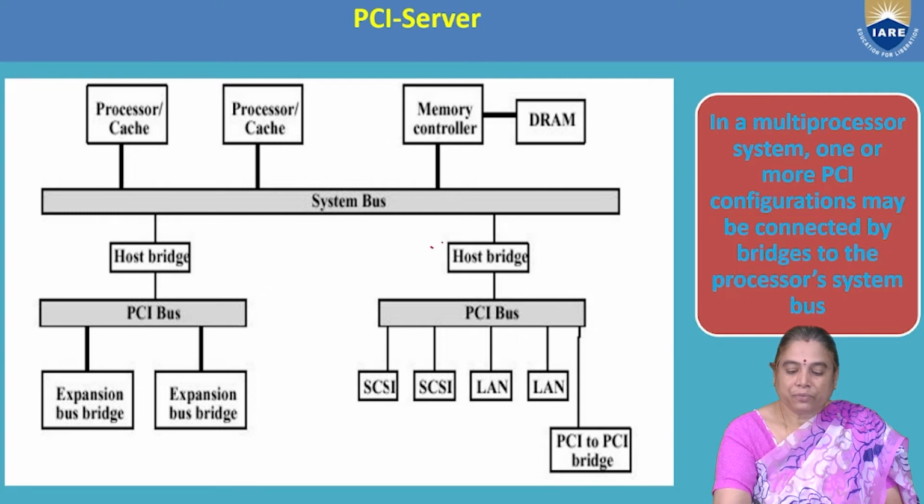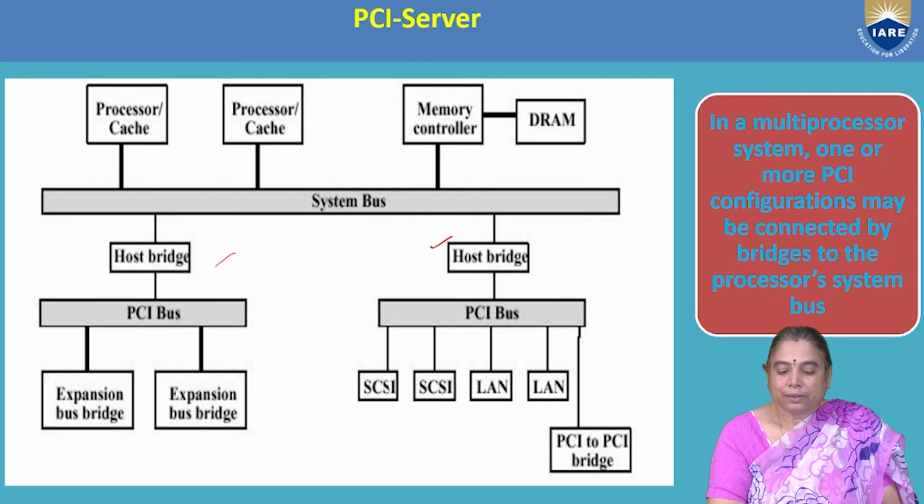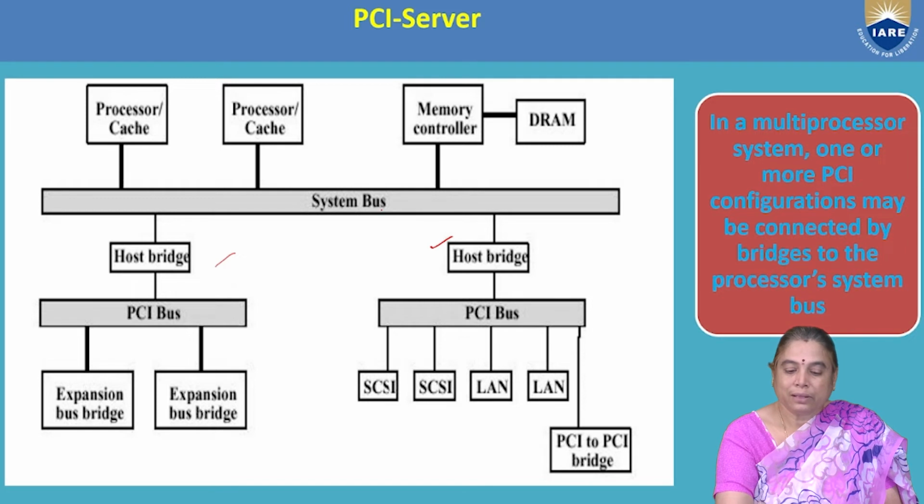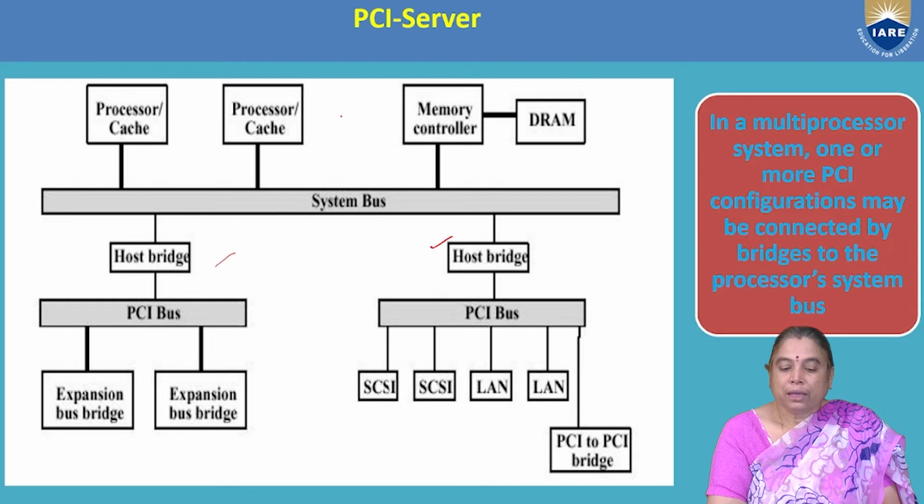Host bridge 1 and host bridge 2 are used to monitor the I/O traffic, and these host bridges are connected to the system bus in order to establish the communication pathway between the cache, main memory and the processor. So this is the PCI server connected bus. All these are varieties of interconnection using multiple bus architecture.